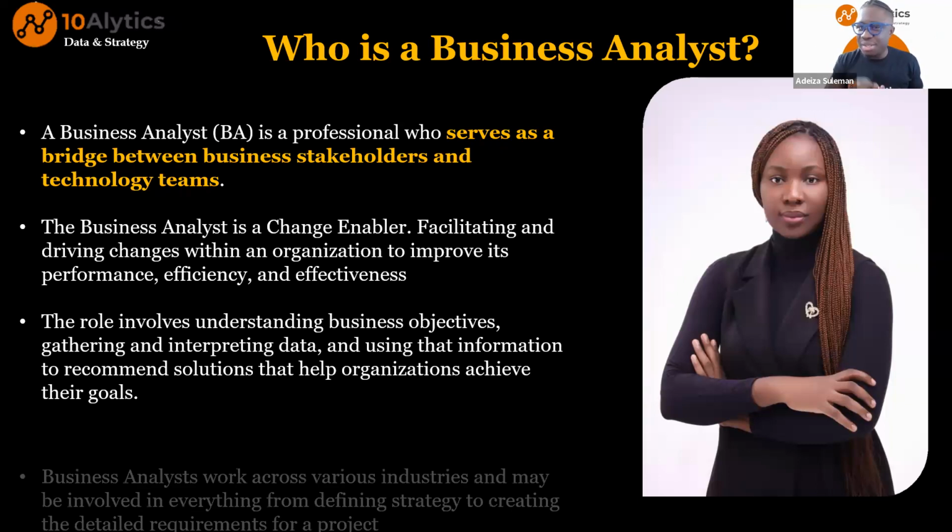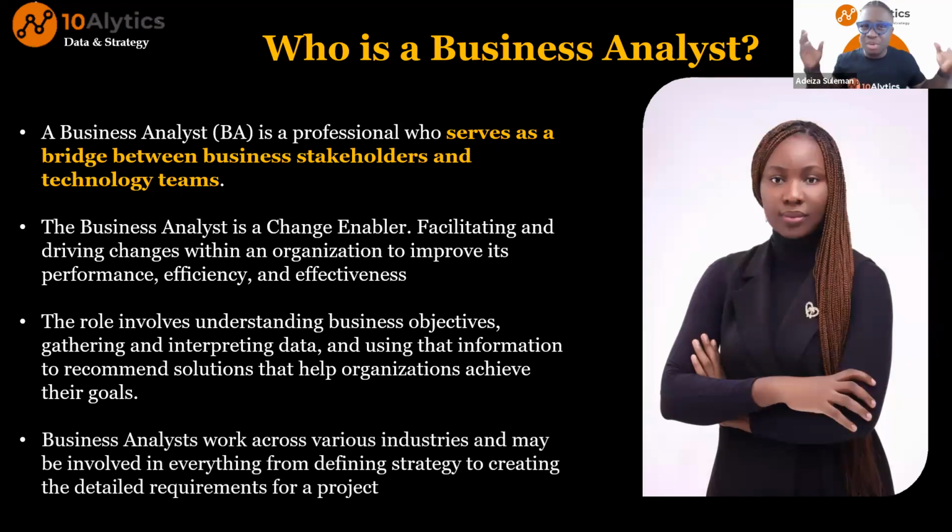All right, and like I mentioned, the business analyst is involved in so many other things, from developing strategy to ensuring that projects that come up within the business are executed and completed on time, within budget, and with the required quality. So this is the business analyst in 4 different capacities.